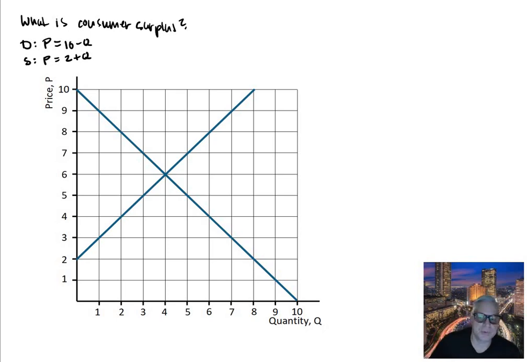And now just to recall again, what is a demand function? Well, a demand function is a horizontal aggregation of people's willingness to pay.